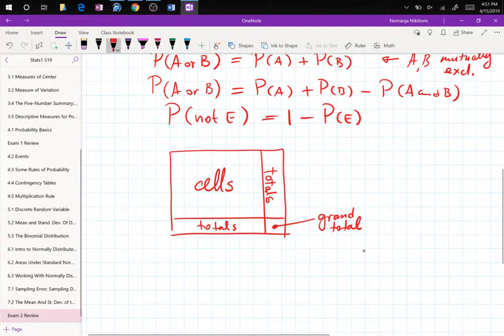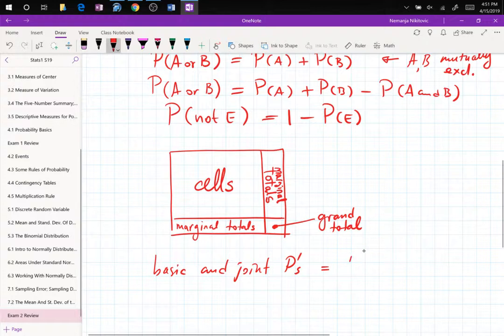I should have said marginal totals. Let me see if I can fit that. Marginal totals. So marginal totals. So basic and joint probabilities, actually let's do it this way.